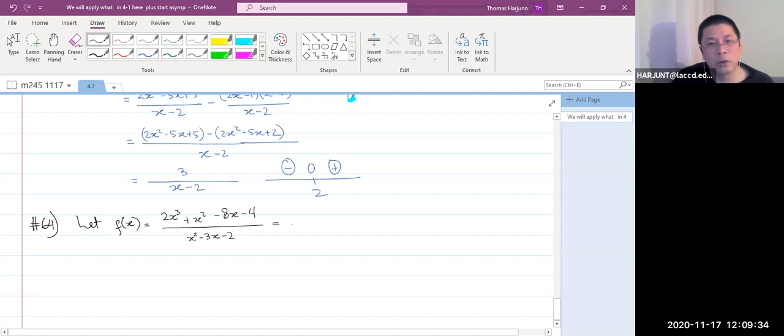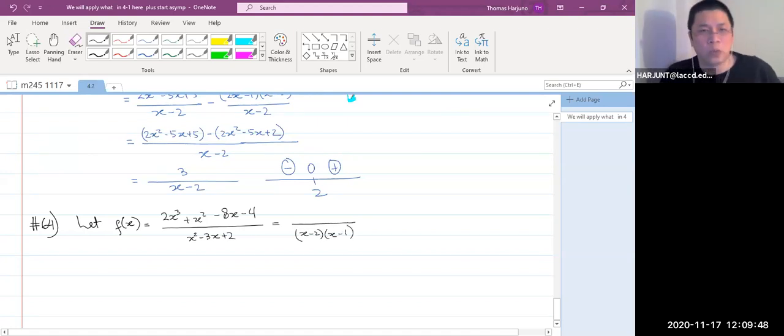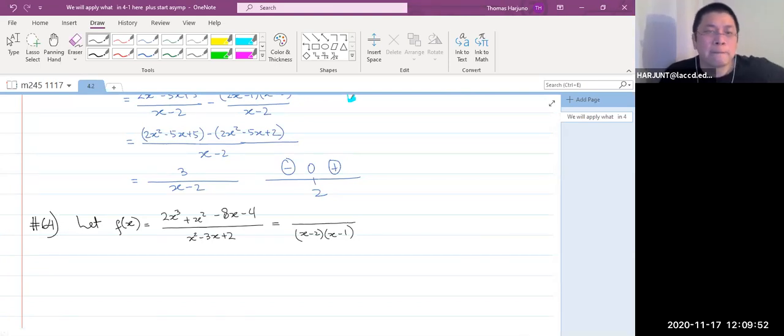Now you need to know how to factor the top. Actually, the bottom happens to be quite factorable. So it should be plus 2 underneath, so (x minus 2)(x minus 1). Now on the top, I believe you can do factorization by grouping.